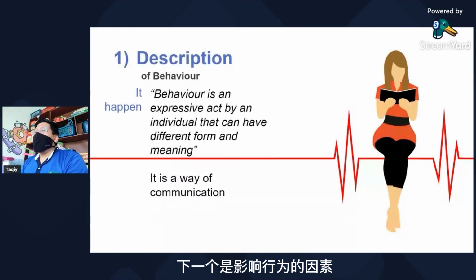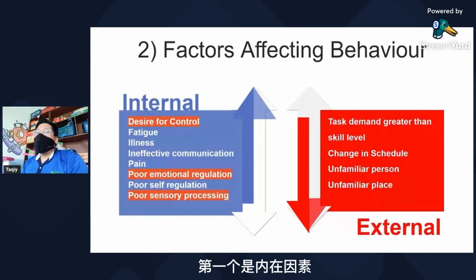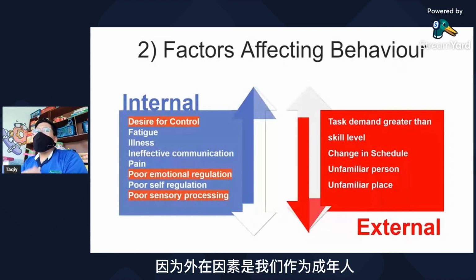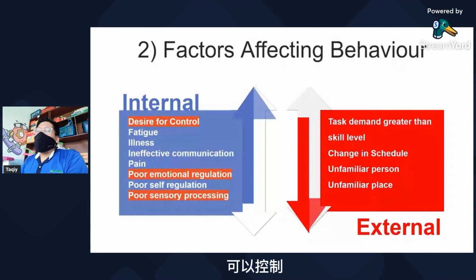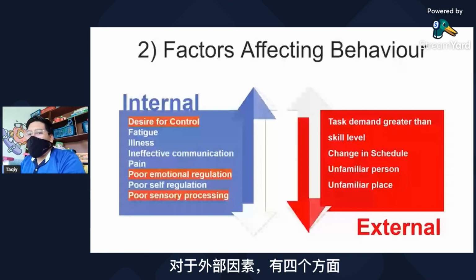Next one is factors affecting behavior. If you remember what I just said, there are two factors. The first one is the internal, second one is the external. So let me go one by one, for the external first, because external is something that we as adults can control, because it is the environment around the children. There are 4 things for the external factors.